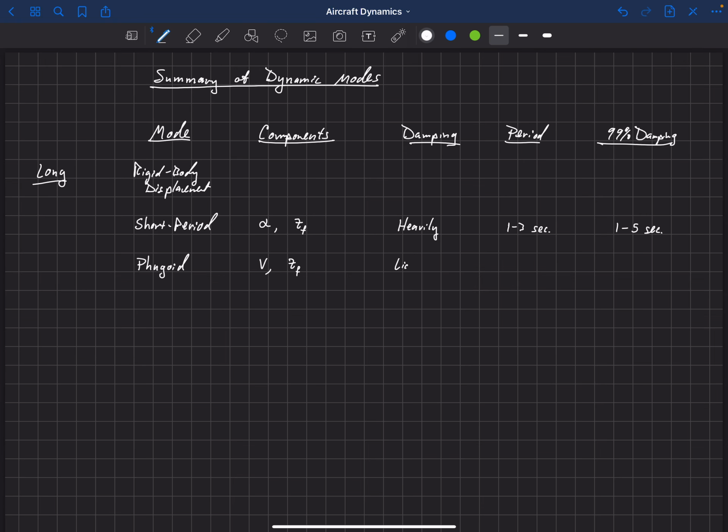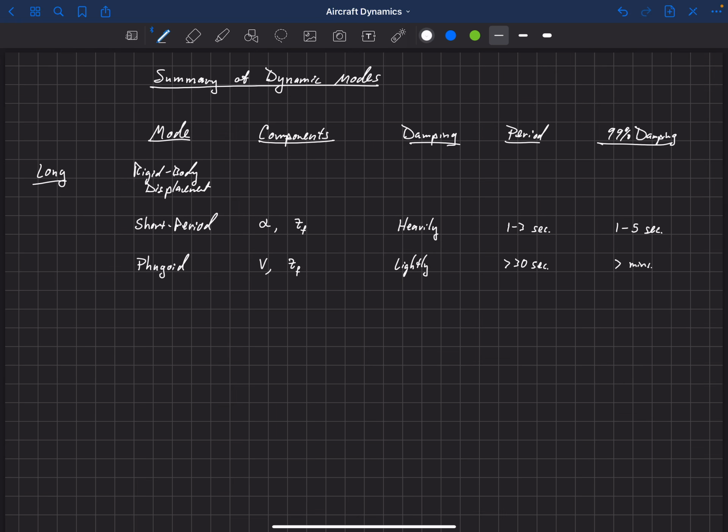This is a lightly damped mode, usually, compared to the short period, and so it can persist for quite a while. It's an oscillatory mode with a period that can be greater than 30 seconds for manned aircraft, and then the 99% damping time is several minutes. So we're going to say greater than minutes. Okay, so it can go on for a few minutes.